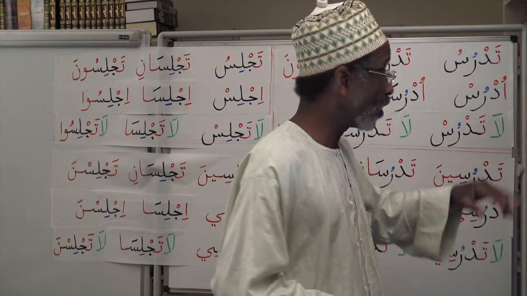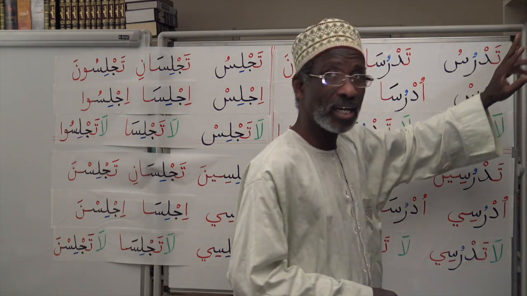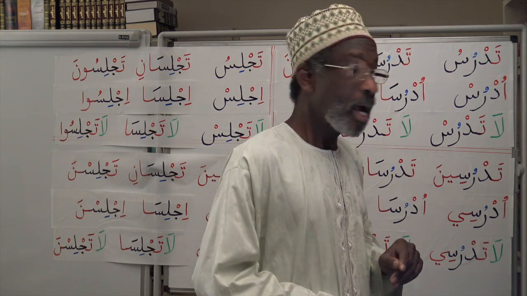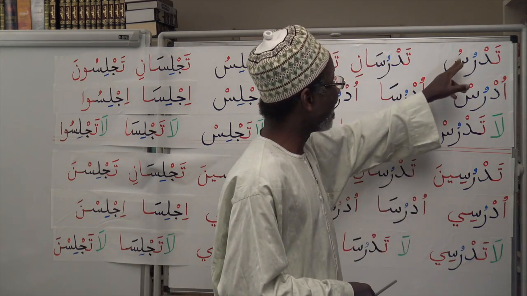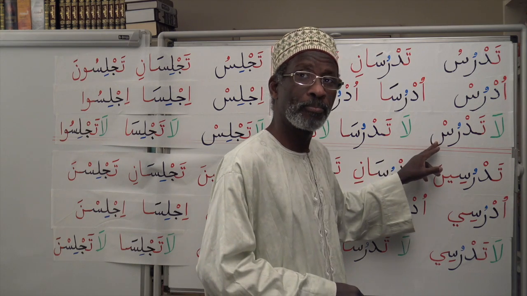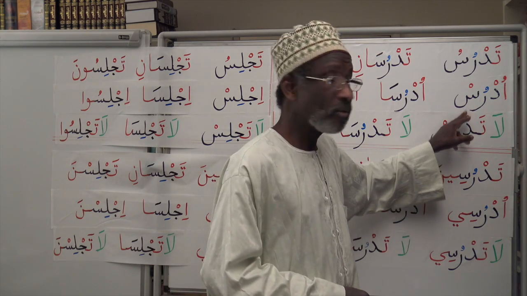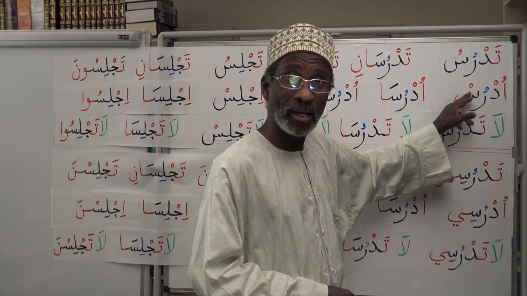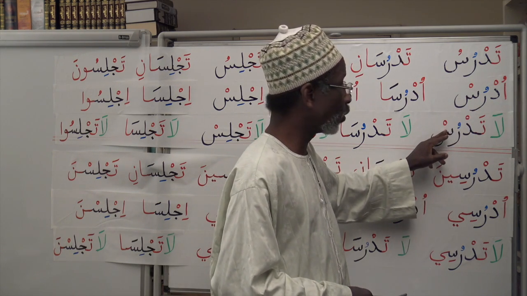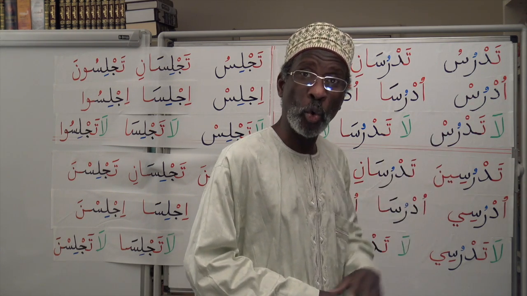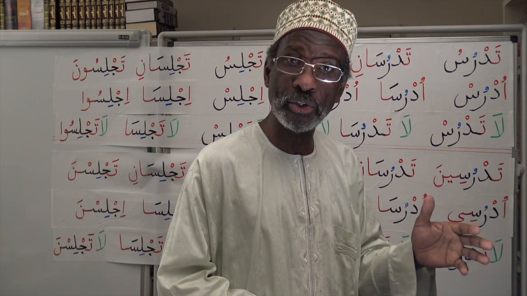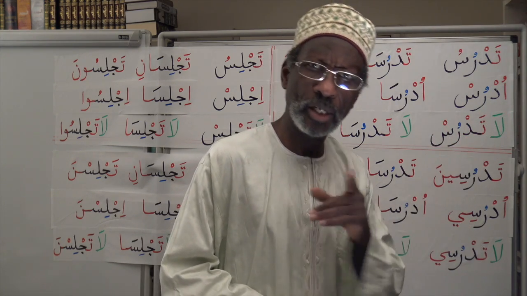In the imperative, we have removed that and replaced it with alif. But the ending will be the same. In the imperative, the last root letter has sukun, that's for singular masculine. Also, negative imperatives carry sukun as well. So, udrus, study, la tadrus, don't study. That's not good advice, by the way.